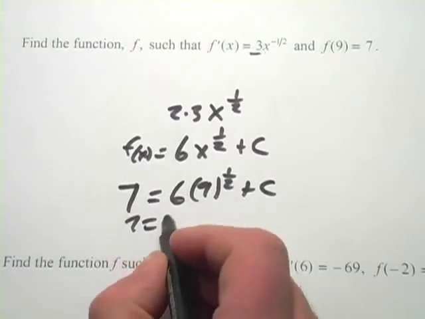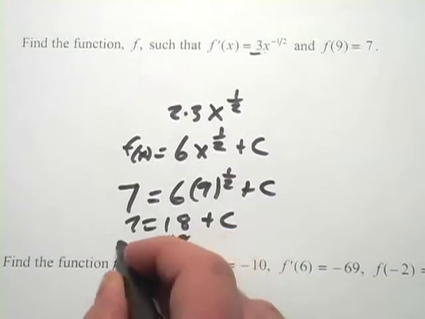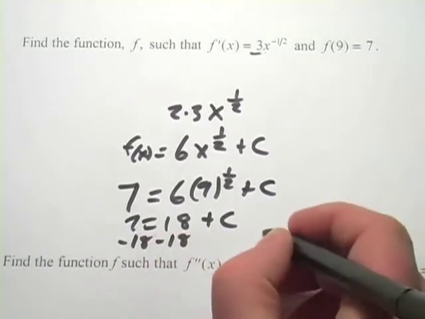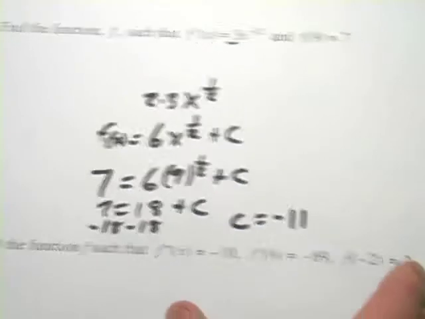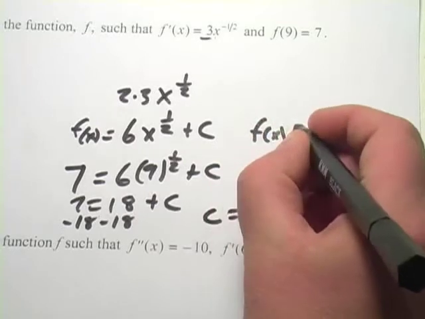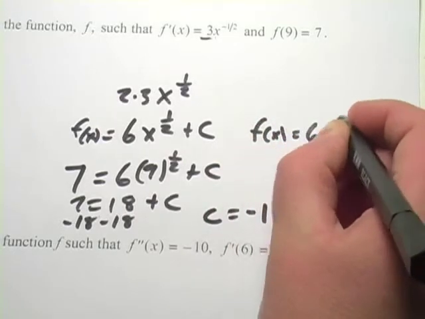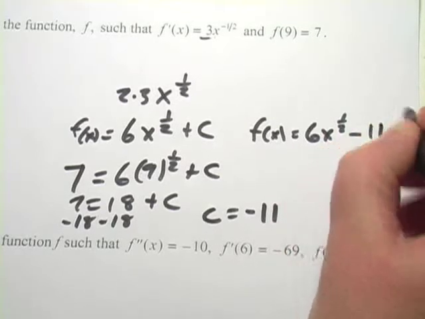So this is 7 equals 18 plus C. We'll subtract 18 from both sides, and we should get C equals negative 11, which means that our function now is 6x to the 1/2, or you could have written that 6 square root of x, minus 11.